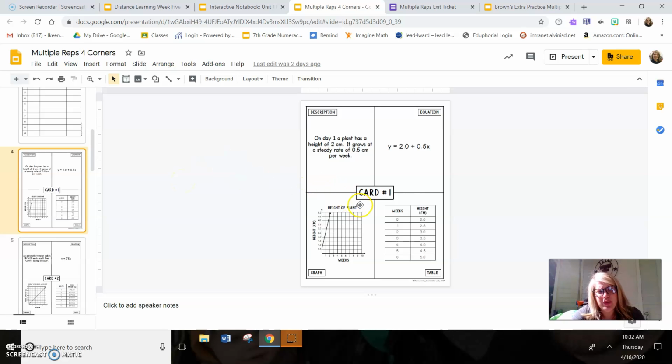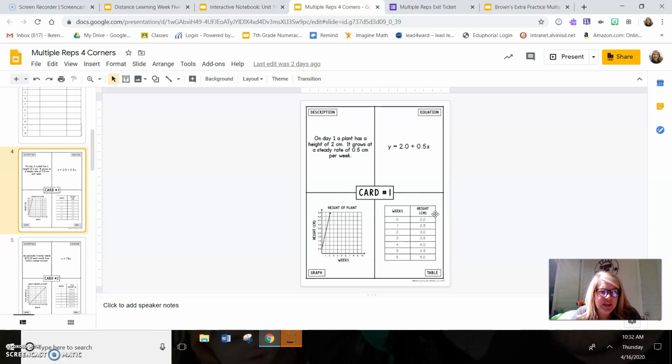Okay, so on card number 1, we have a description, an equation, a graph, and a table. And your objective for this activity is to determine the one that is not correct. So 3 of them will match, 1 of them will not. You will tell me which part of it, the description, the equation, the graph, or the table, is incorrect, and then you will tell me how you would correct it.